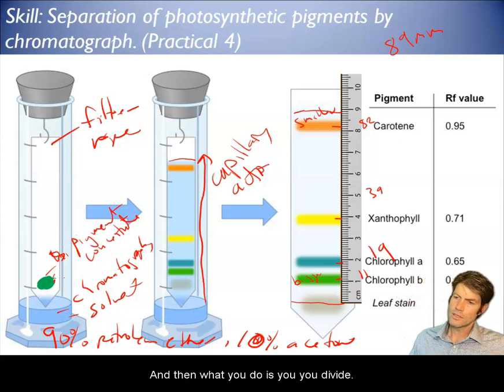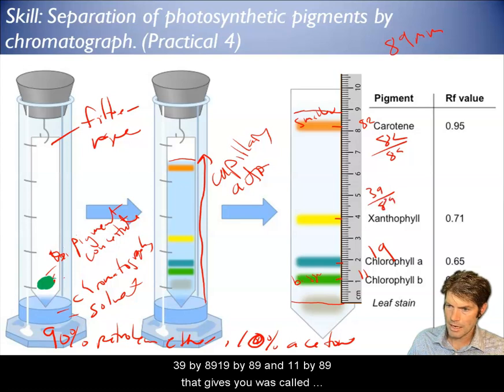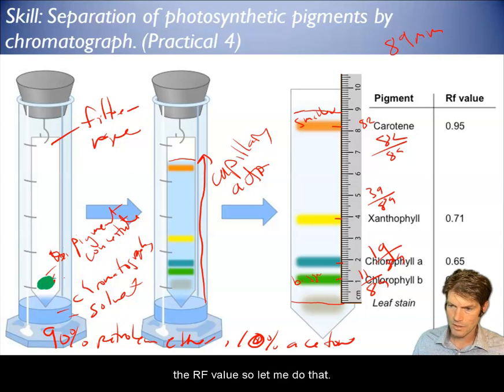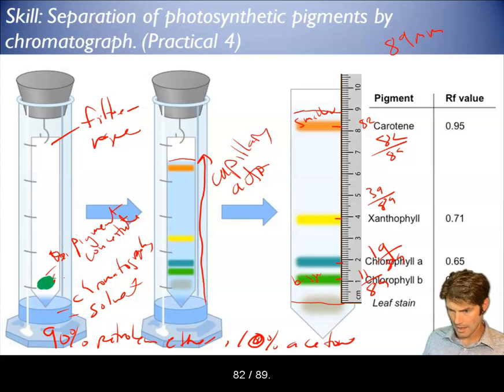And then what you do is you divide 82 by 89, 39 by 89, 19 by 89, and 11 by 89. And that gives you what's called the RF value. So let me do that. Got my calculator right here. Why don't you do it with me? 82 divided by 89, I get 0.92.